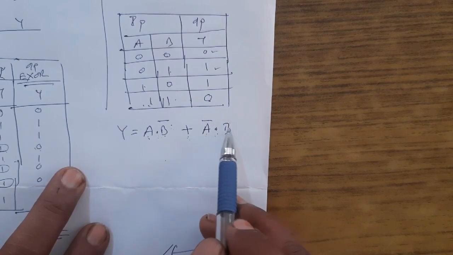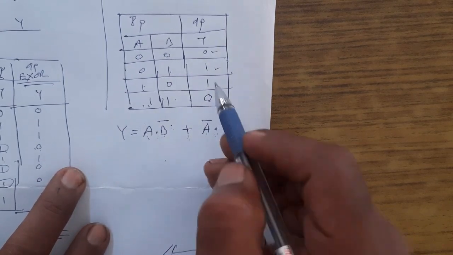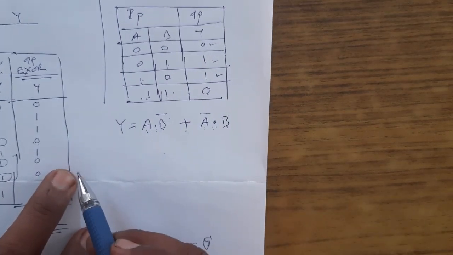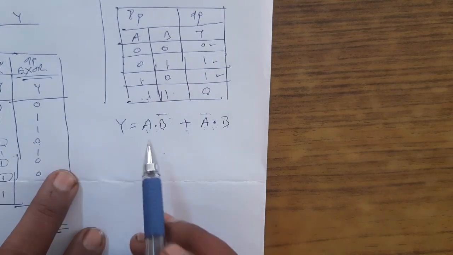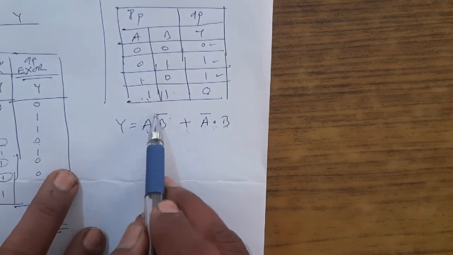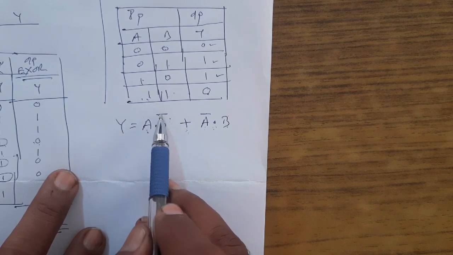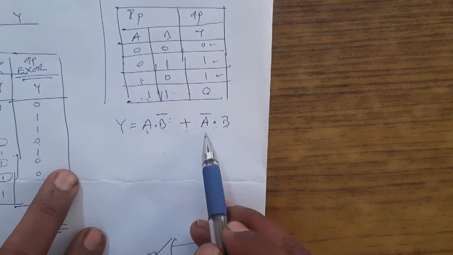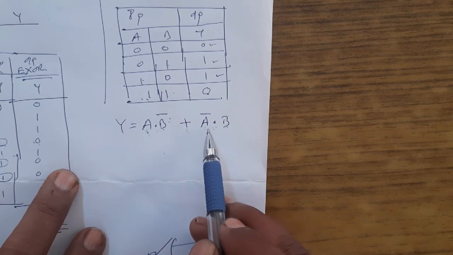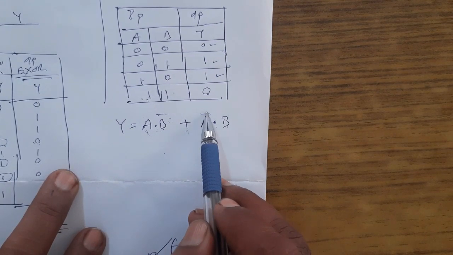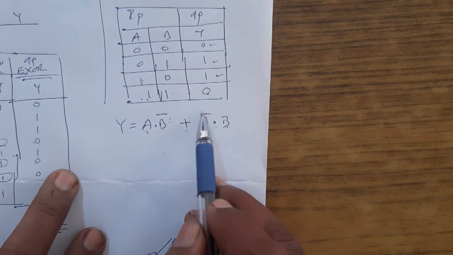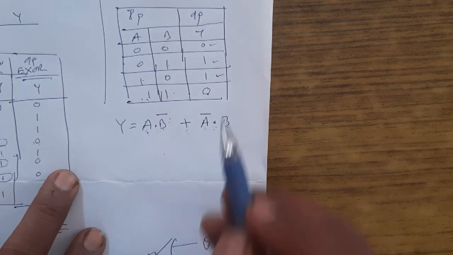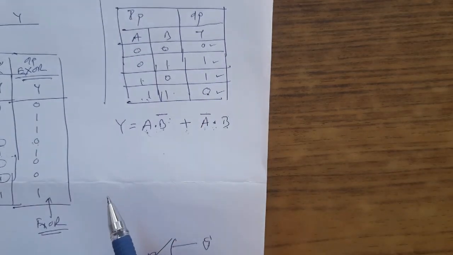You can check later, and therefore 1 or 0 will be 1. It is satisfied. And for 1 1, this is 1 but this will be 0 because b is 1, the complement of b will be 0 and hence this will vanish. A is 1, its complement is 0, therefore though b is 1, a complement is 0, so this will be 0 and finally output y is equal to 0.